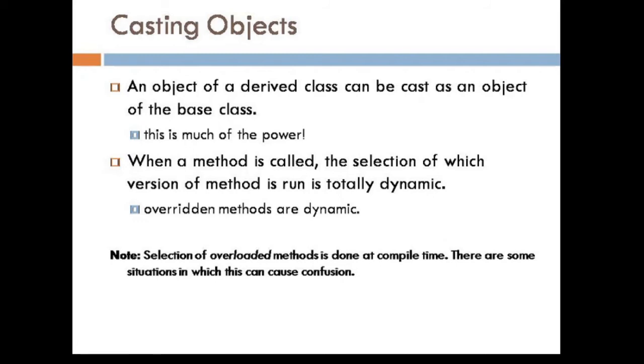But when we use overriding, we have a few objects of a particular class, and at the time of initialization of the parent class, I pass any of the objects derived from it. Then the version of the method that is run is totally dynamic. It will be decided at runtime. So this is dynamic binding. It's also known as dynamic binding.